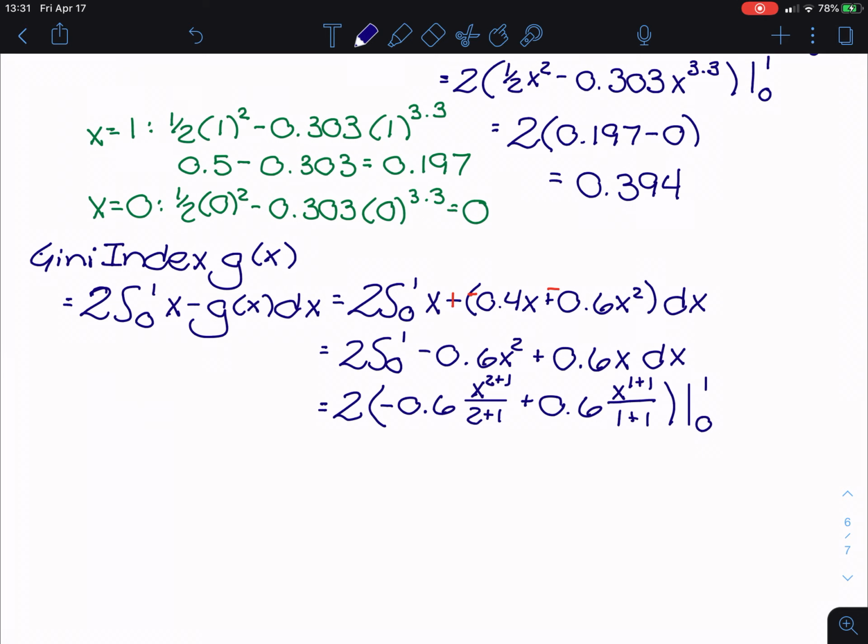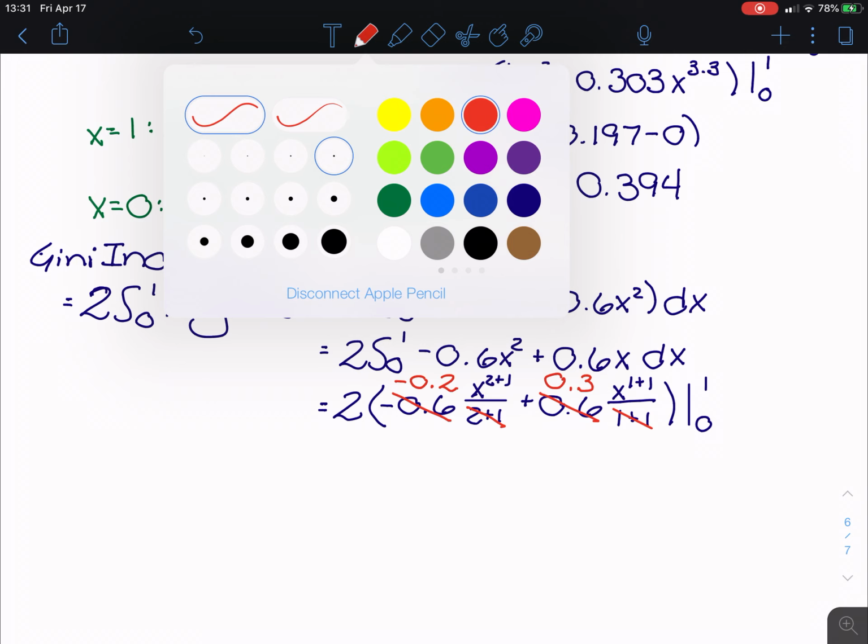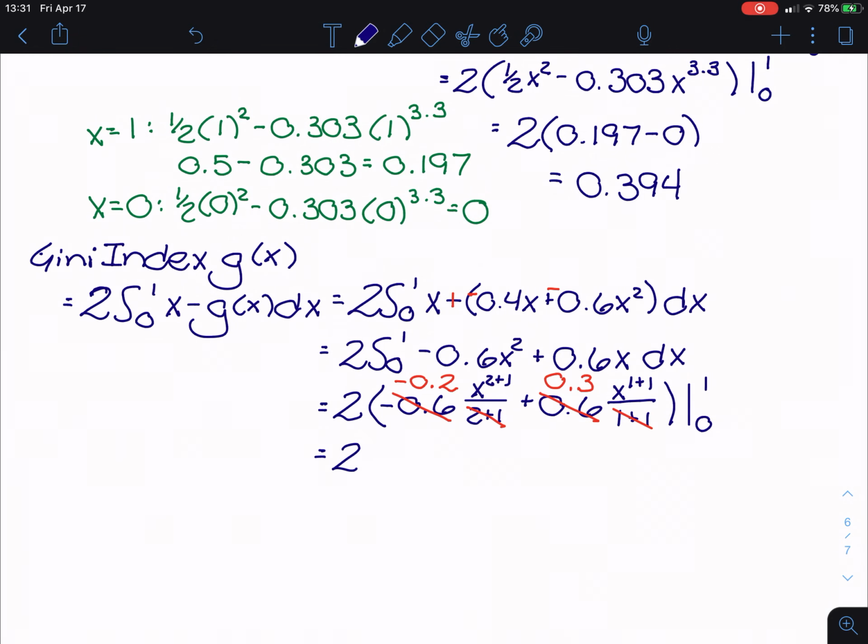Well, 2 plus 1 is 3, and I can cancel the 3 with the negative 0.6 to get a negative 0.2. On the other term, 1 plus 1 equals 2, and I can cancel that with the 0.6 to get 0.3. So I'm taking 2 times negative 0.2x cubed plus 0.3x squared, evaluated between 0 and 1.